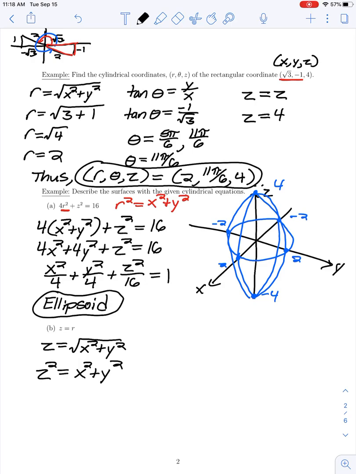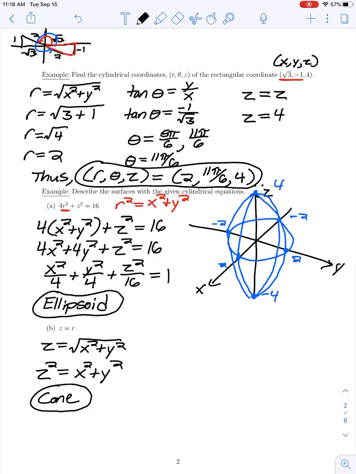So we might recognize this as the equation of a cone from our previous section on quadric surfaces. So this again is a quadratic equation in terms of 3 variables, x, y, and z. The form of this equation suggests that we have a cone for our surface being described here.